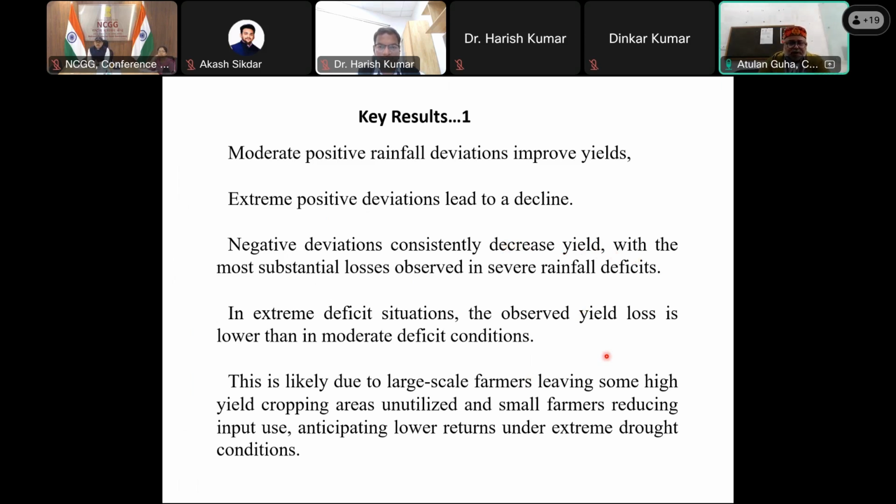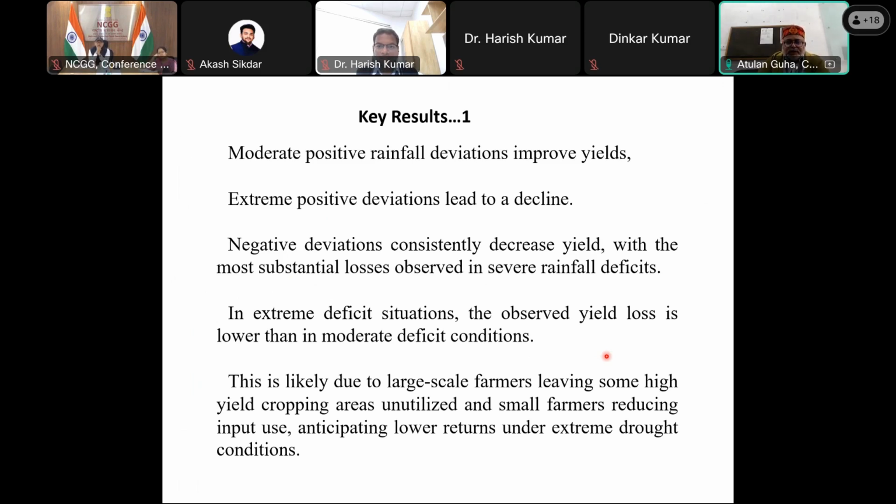But in extreme deficit situations, maybe the observed yield loss is lower than in moderate deficit conditions, because in moderate deficit conditions, even the large farmer may not leave their land uncultivated, but when there is an extreme situation, they can afford to leave their land uncultivated. But the small farmers don't really have the option to leave their land without any use.